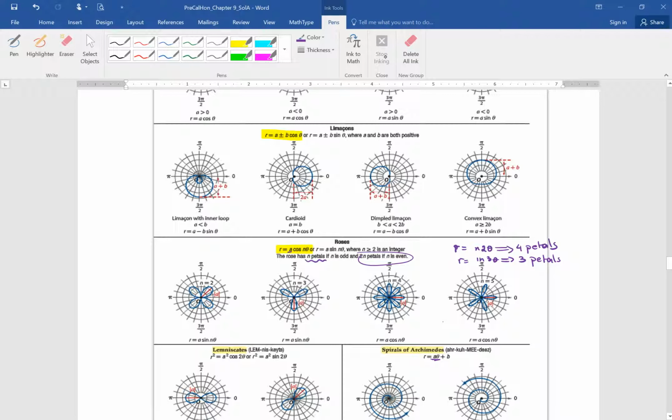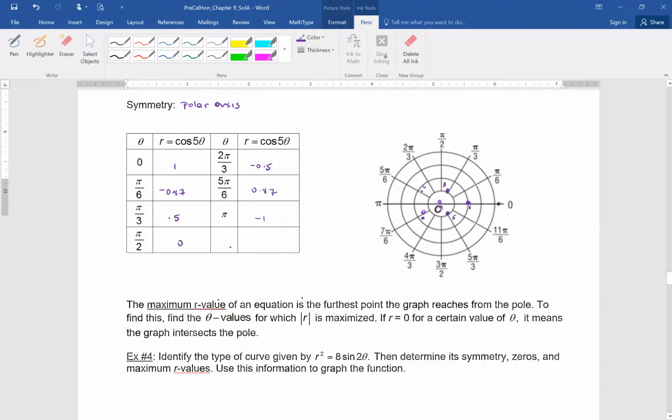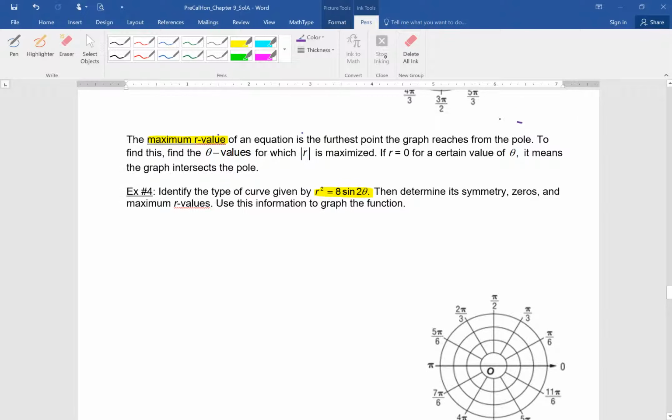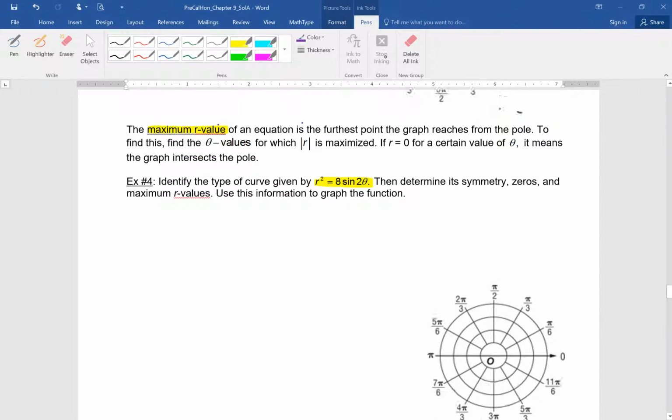It's a rose, okay? Remember, this is r squared equals a sine 2 theta, so it's a rose, because the r squared just makes it symmetrical on the pole.